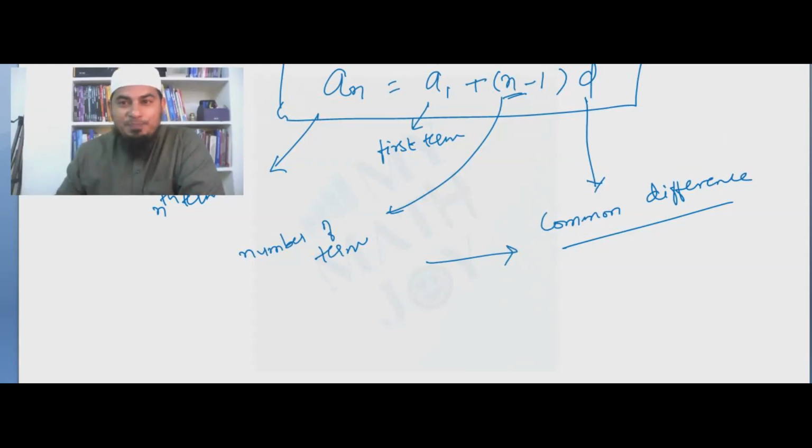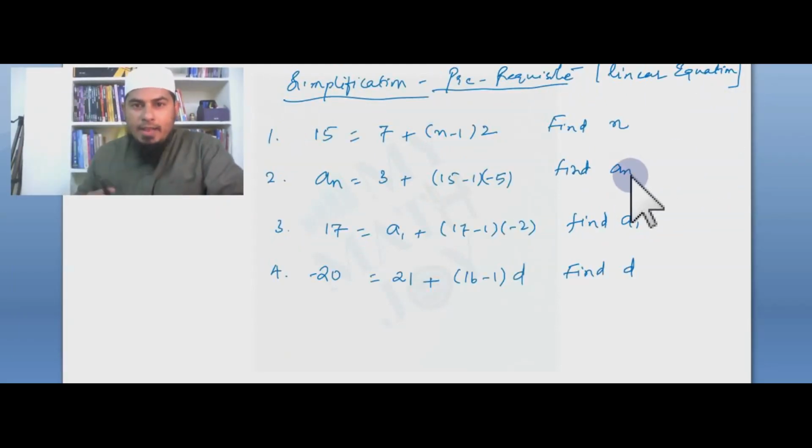Let's move on. Here I brought you the simplification prerequisite, the simplification part which we must know in order to learn this chapter nicely. That is linear equations. We must know how to simplify.